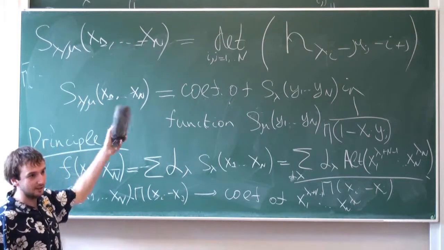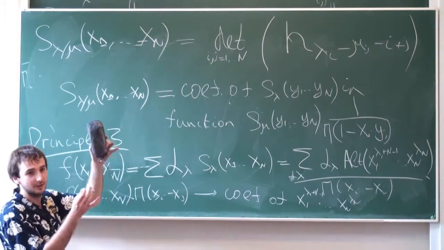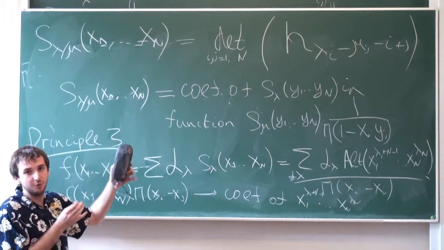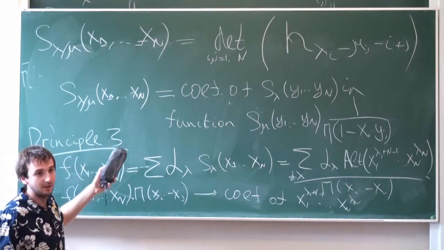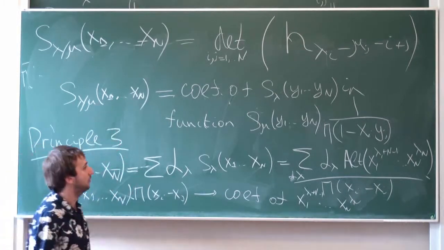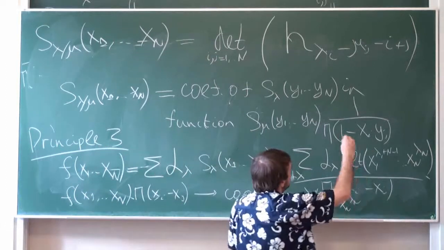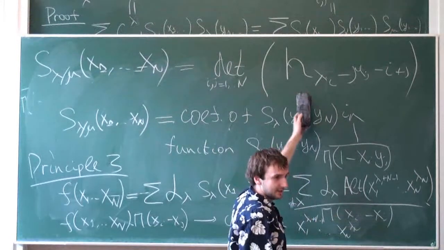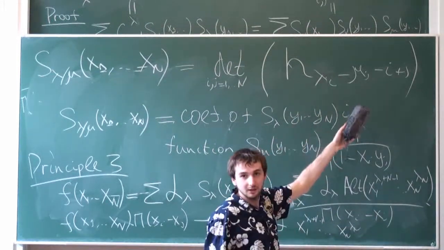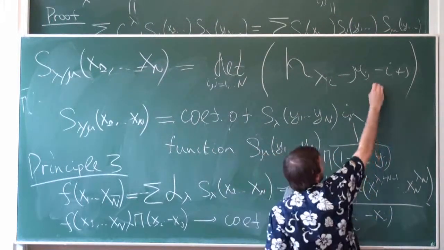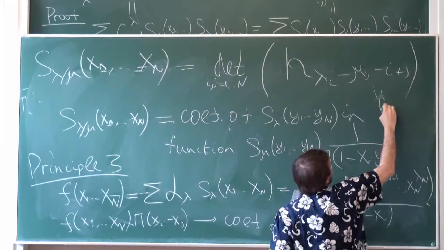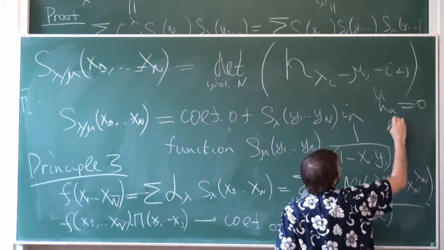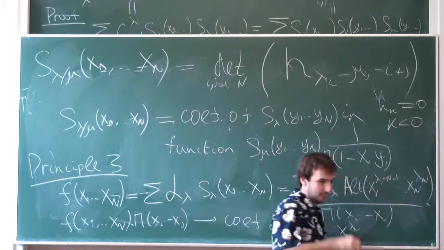You can take a determinant of any size which is greater than the number of rows in your Young diagram, and you will get the same formula. Just as a small remark, maybe you're wondering what is happening here when the index is negative. We assume always that hk is 0 if k is less than 0.